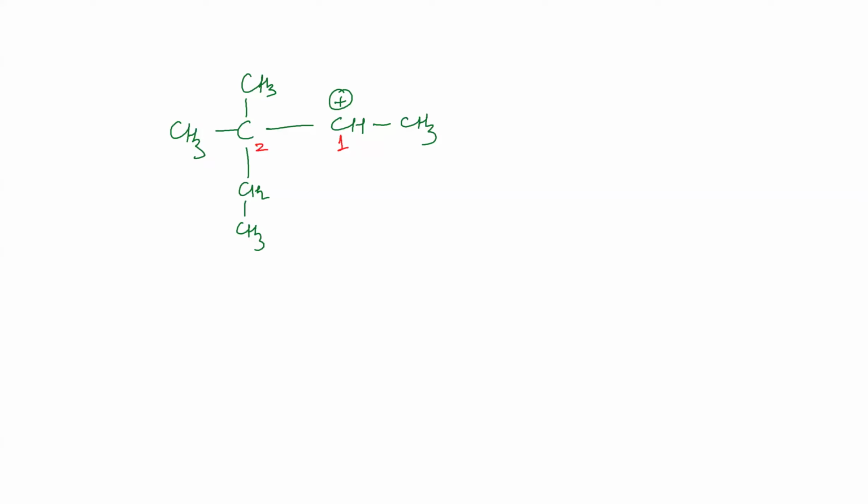So what exactly is happening here? We have this one carbon. Now this is shifting, so it is donating. These electrons are getting shifted here, so this bond is actually breaking. When this bond is breaking and these electrons are shifting here, this carbon acquires a positive charge. Same goes with this also.